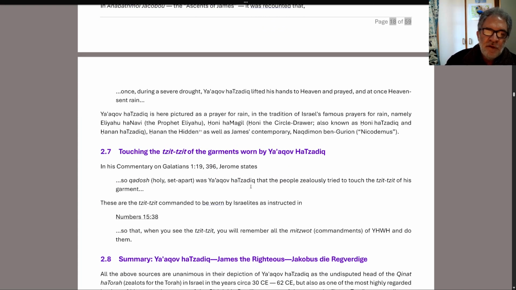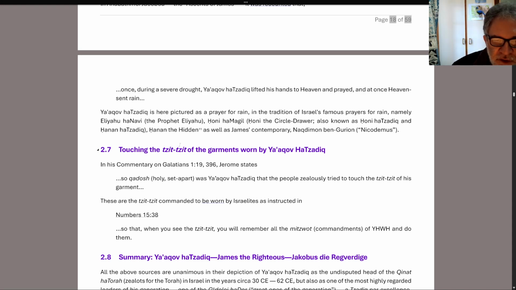Okay, let's have a look at the following extant tradition about Yaakov Tzaddik, touching the tzitzit of the garments worn by Yaakov Tzaddik. In his commentary on Galatians, Jerome writes, "So holy, set apart, kadosh, was Yaakov Tzaddik that the people zealously tried to touch the tzitzit of his garment."